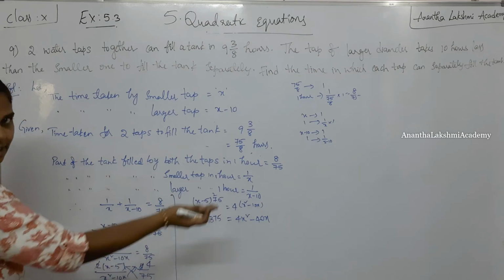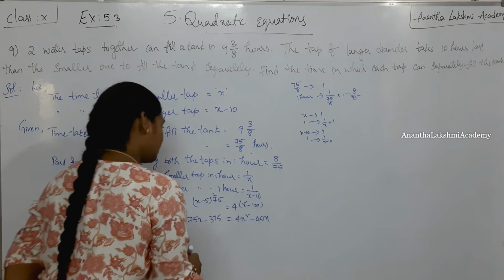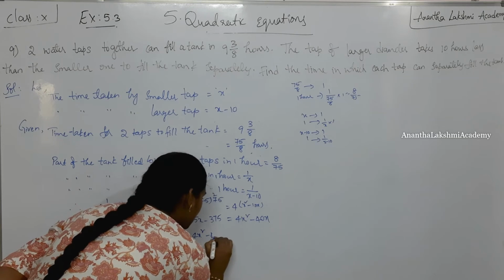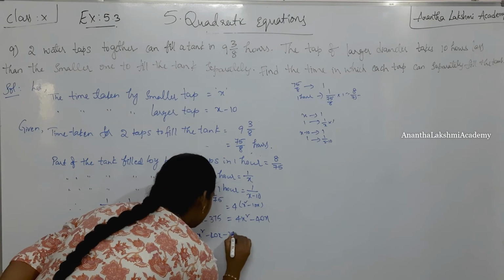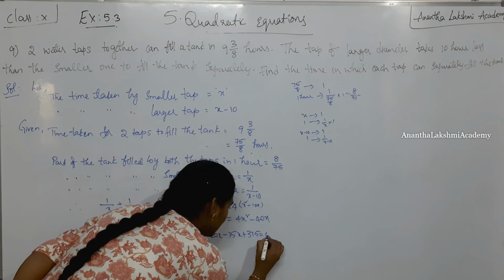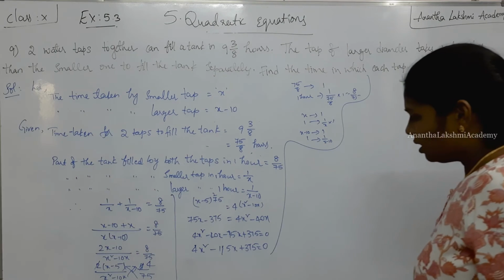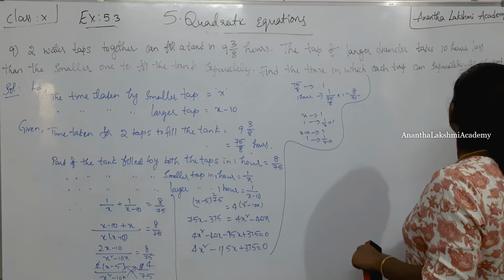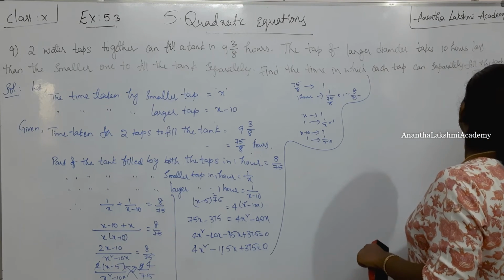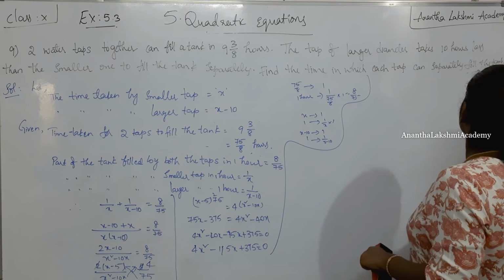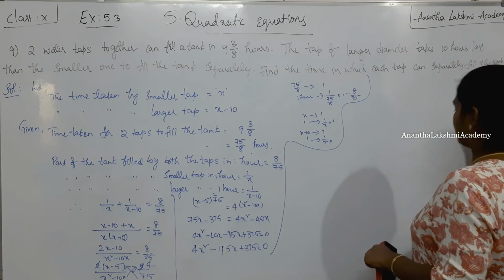Now the x square term is on the other side, so let us take the rest of them also to that side. So this becomes 4x square minus 40x minus 75x plus 375, as it turns to the other side. So 375 into 4 is, we got it as how much? 1500. 4 5s are 20, 4 3s are 12, 1500.